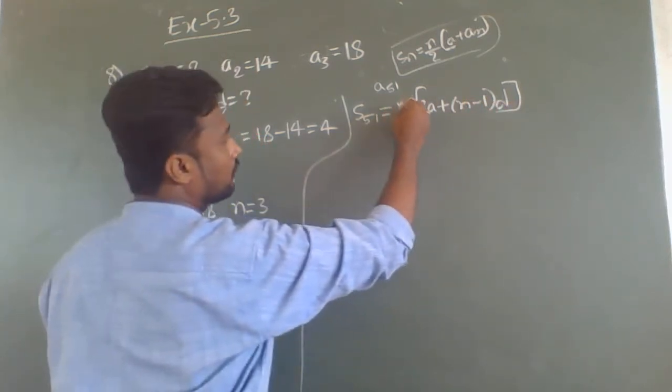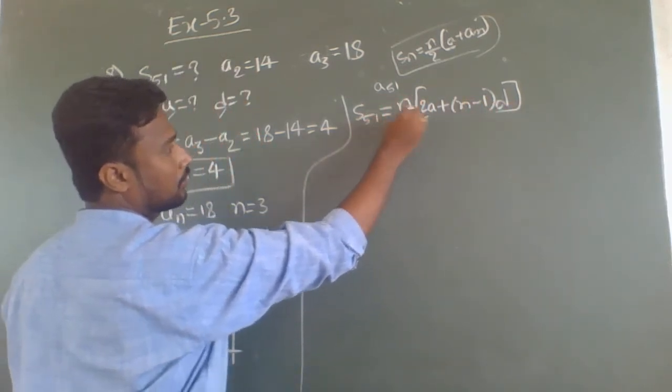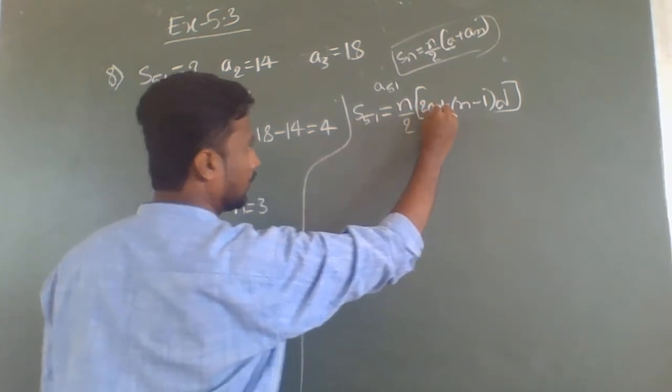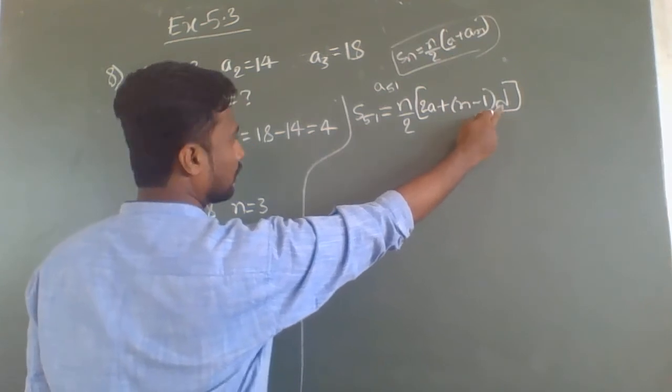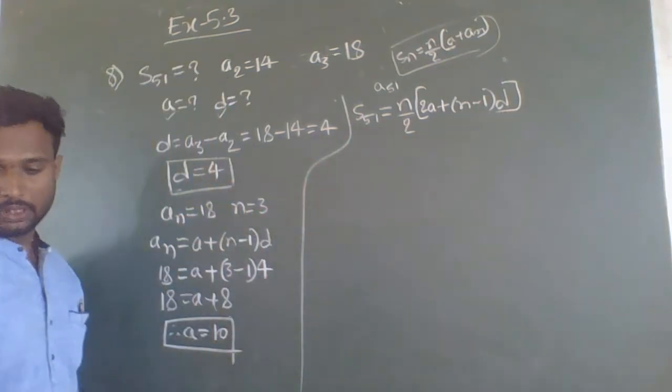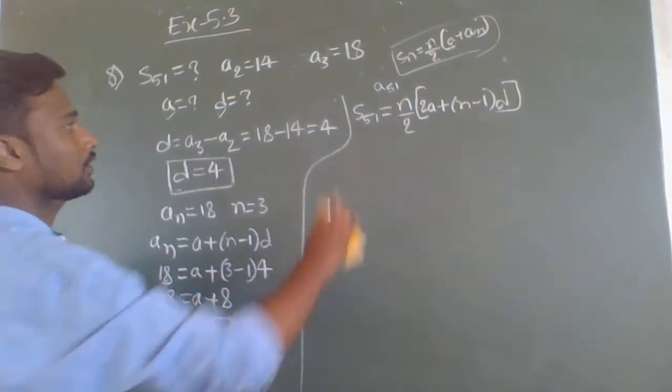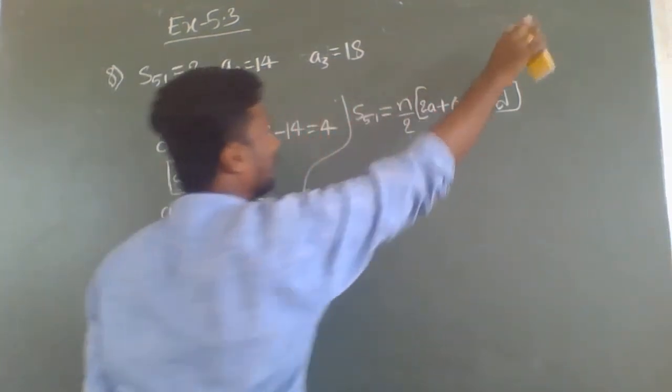And here we have the values: n is 51 only, and we have just calculated the a value. Again, n is 51, and we calculated the d value also. So by using this formula, I can calculate the S51 value.